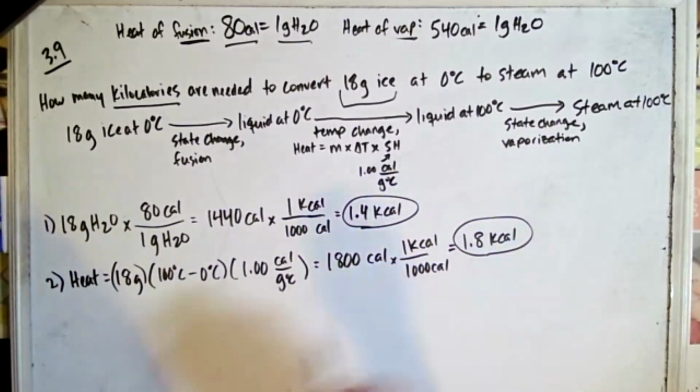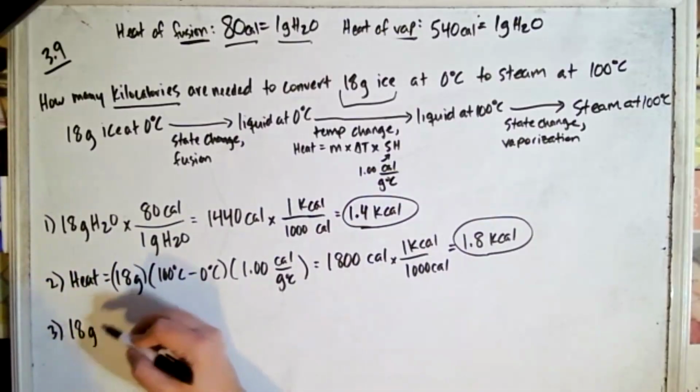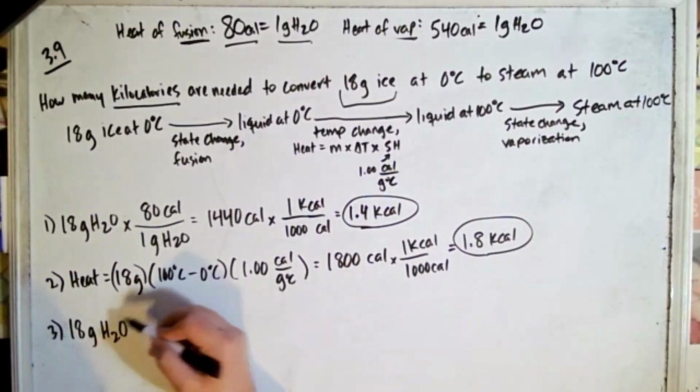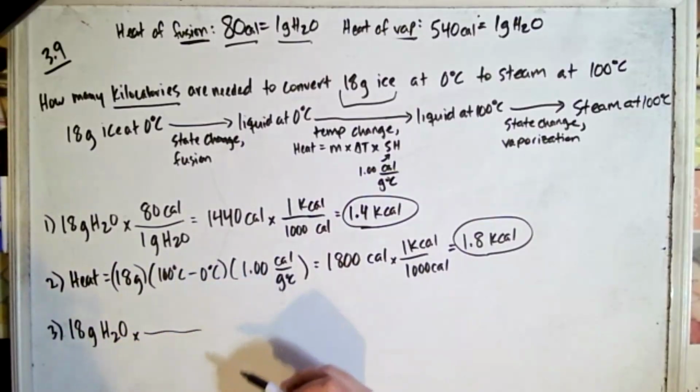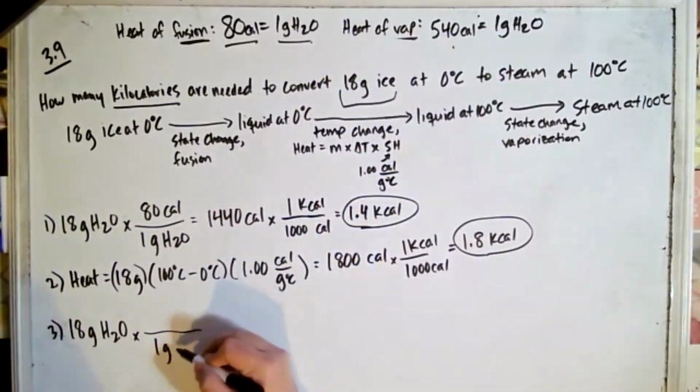That was our first step, that's our second step, and now we'll do our final phase change where we do our vaporization. So our 18 grams of H2O, and for this one, every 1 gram of H2O is going to be 540 calories.